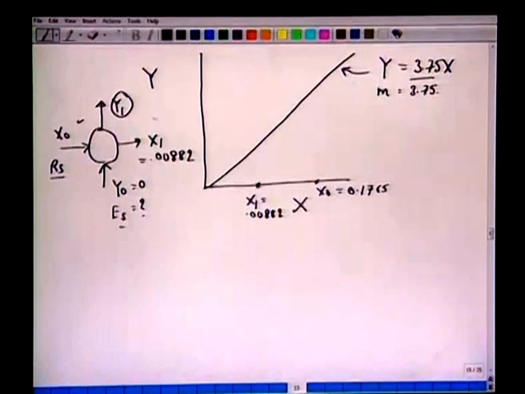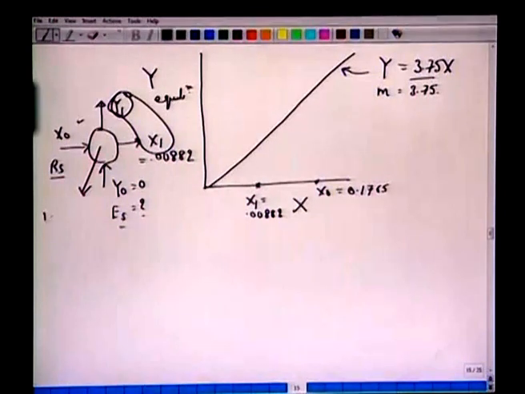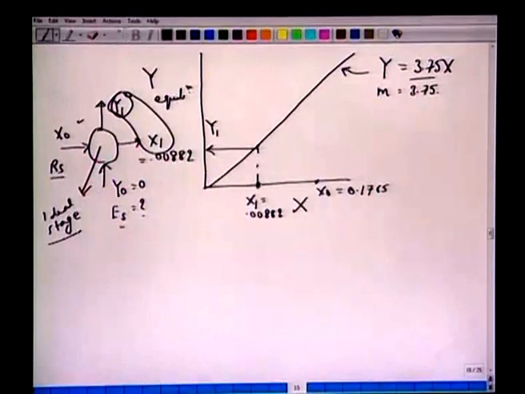But now we know that y1 and x1, these two streams, are in equilibrium, because we assume it is an ideal stage. So, the two streams which are leaving are in equilibrium, which means if we know x1, we know immediately y1, which we did earlier also. So, we can take a pencil or graph scale and obtain this y1.